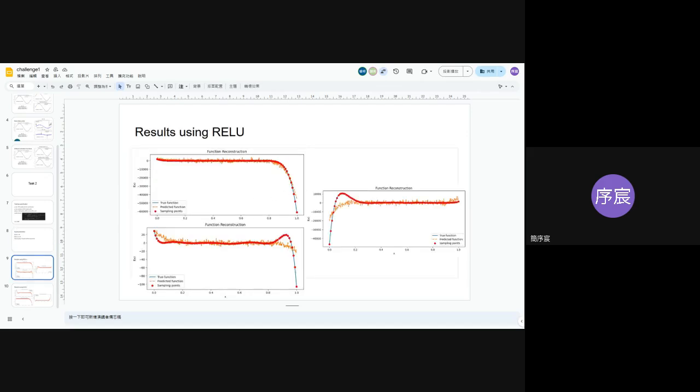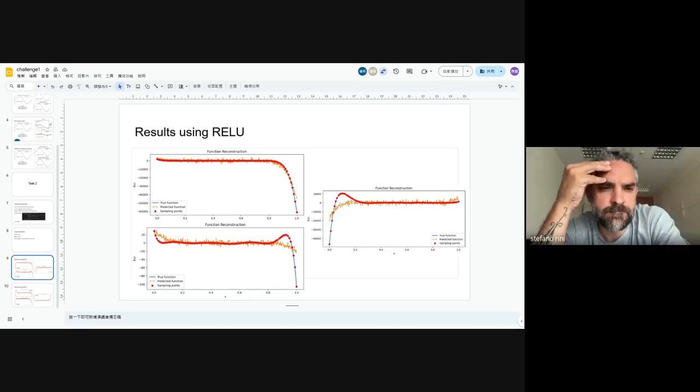This result is from using ReLU. You can see that the prediction does not really match the true function in some parts. In the smooth parts, it can simply predict it, but if it has some... Wait a second.